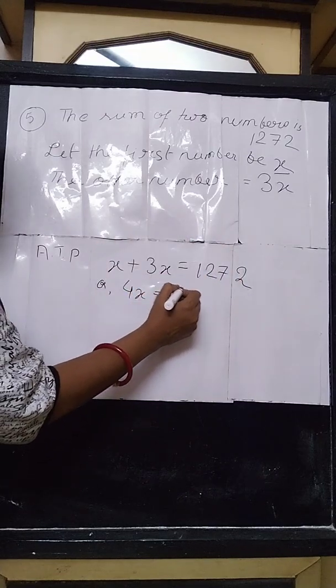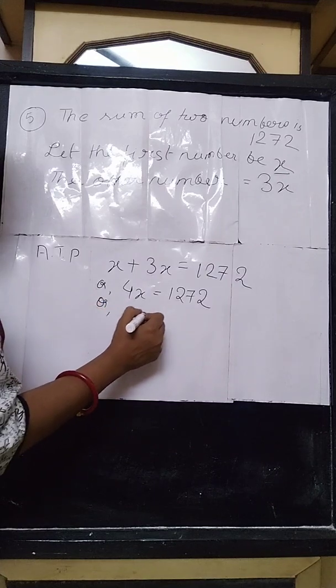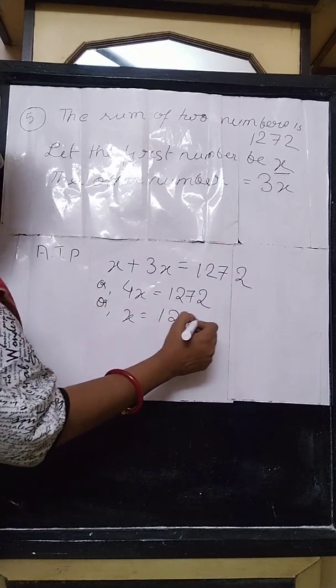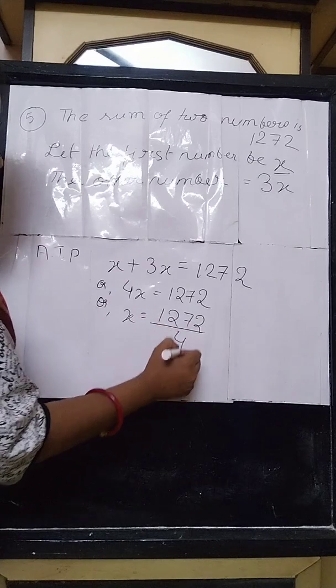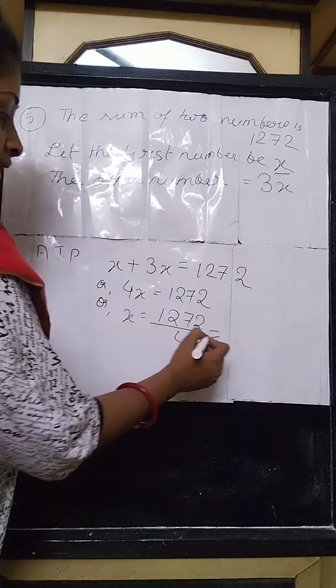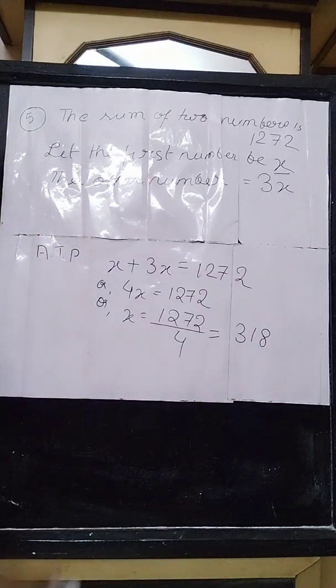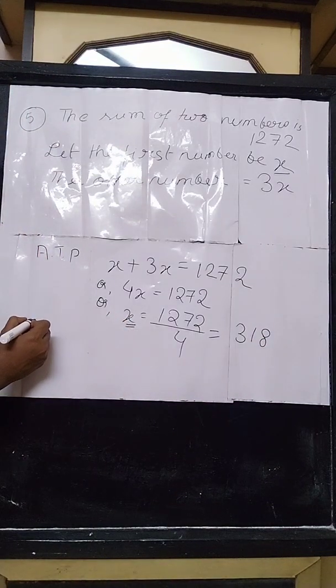4x equals 1272, or x equals 1272 by 4. By cancellation, reducing it to the lowest term, we get 318 as the first number. The first number is 318.